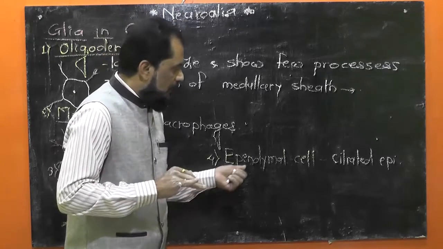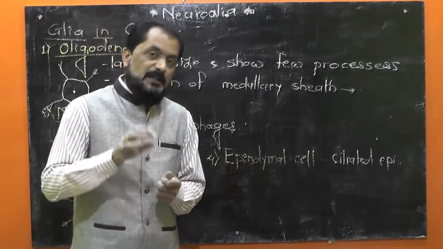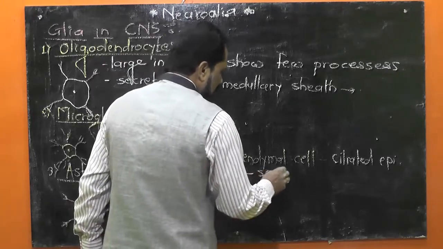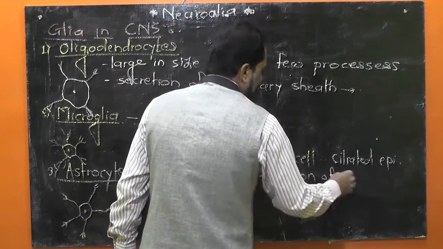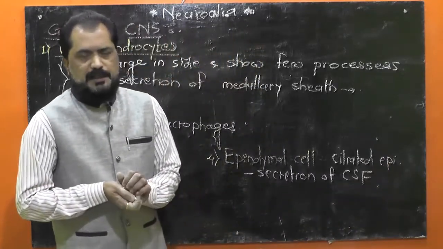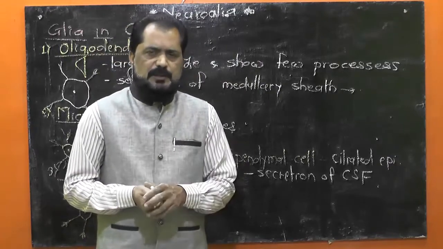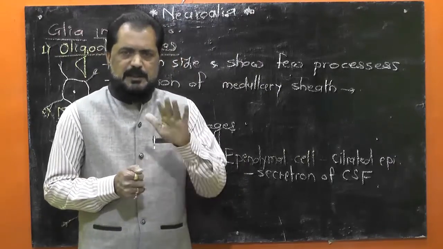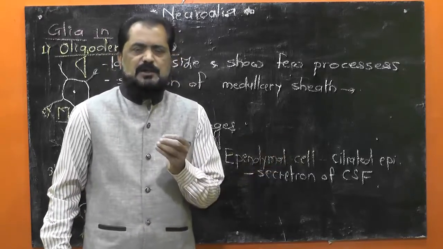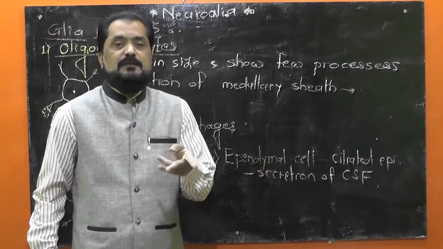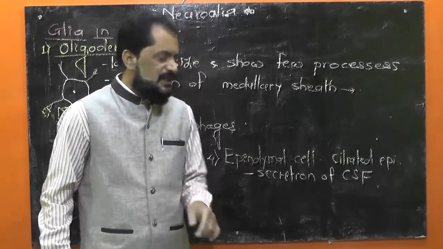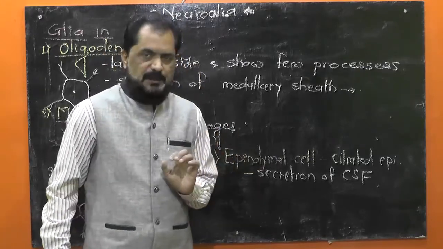it is formed of ependymal cells, and these ependymal cells are responsible for the secretion of cerebrospinal fluid. CSF, cerebrospinal fluid. We shall discuss about it while studying the brain. But temporarily you just remember that CSF is a fluid which fills the cavities of brain as well as spinal cord, and this CSF is secreted by the ependymal cells.